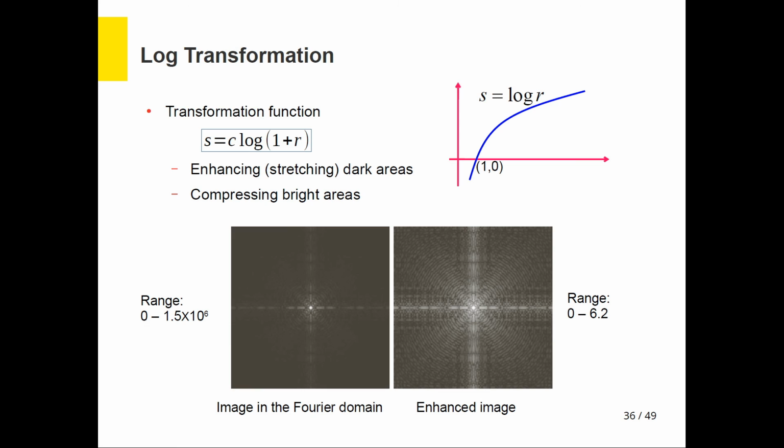So in order to better visualize this image, if we compute the log transform, now we can see all the intricate patterns that were not visible in the previous image. Of course, this is mainly for visualization purposes, so we cannot use the log transformed Fourier space to reconstruct the original image. But that is one of the capabilities of the log transform which helps us better visualize the Fourier transform of an image.